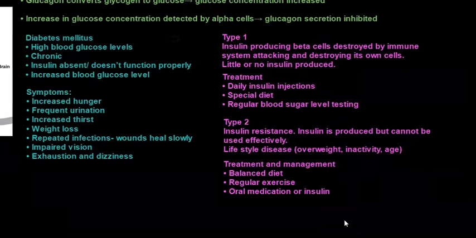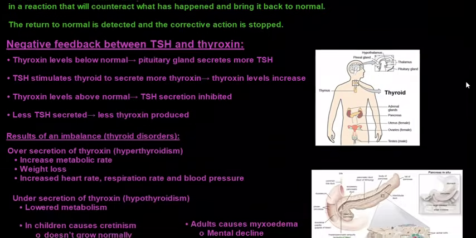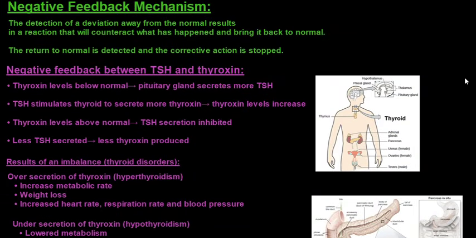Next, we'll move on to the negative feedback mechanism. So what is the negative feedback mechanism? It is the detection of a deviation away from the normal, which results in a reaction that will counteract what has happened and bring it back to normal. The return to normal is detected and the corrective action is stopped.